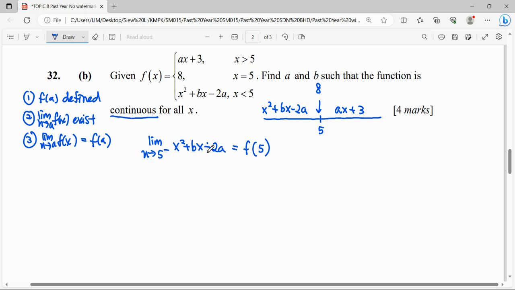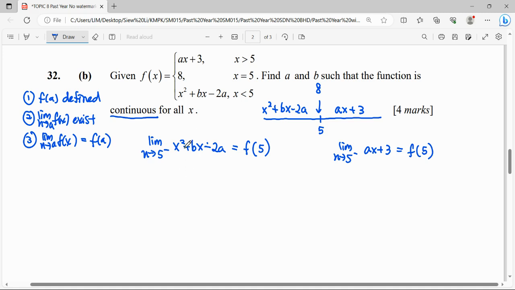So this is our first piece of information. And at the same time, the limit as x approaches 5 from the right-hand side also needs to be equivalent to the point, so that the limit exists and they are equal to the point.